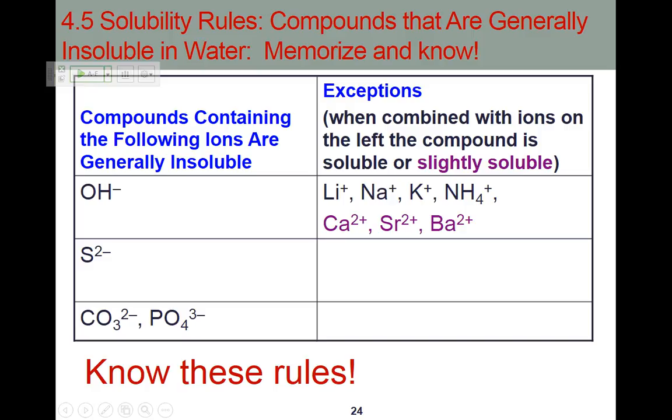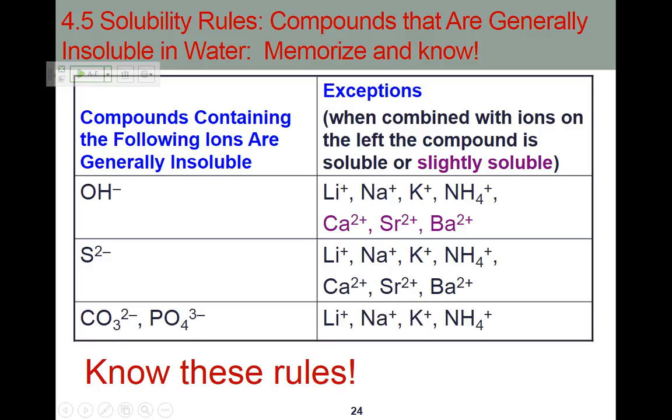S2-, our sulfide ion, is generally not soluble, except for our exceptions, again the second column. So pretty much first column, second column, and ammonium ion. So fairly straightforward. CO3 2- and PO4 3-, again, the exception is the fact that everything in that first column is soluble in everything, and ammonium.